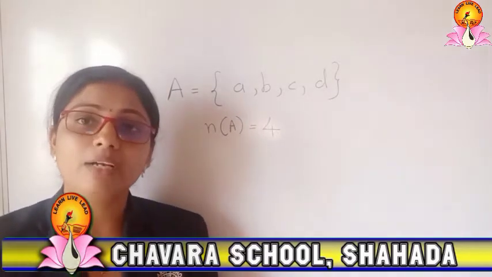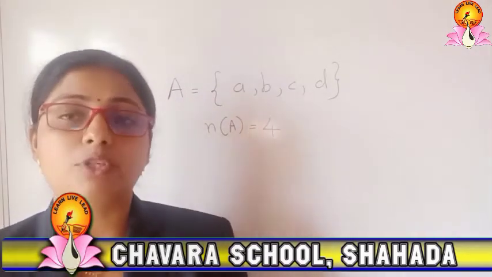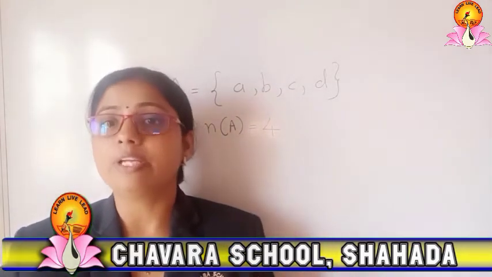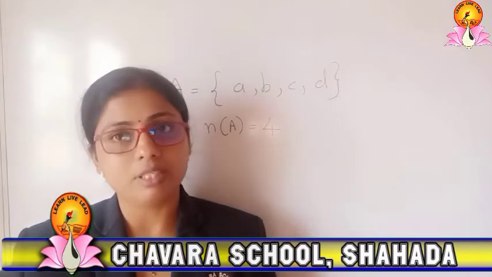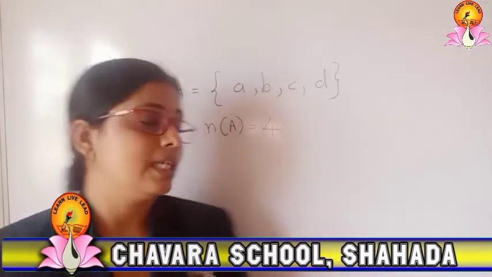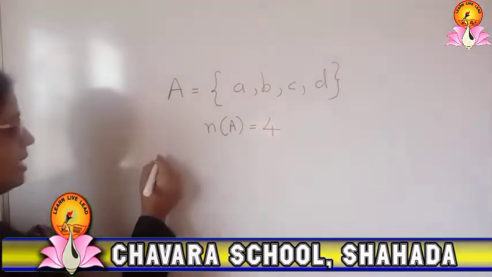Now we are going to study the different types of sets. We learned the formation of the set. Now we are going to learn the different types of set. Let us see. The first one is the finite set.